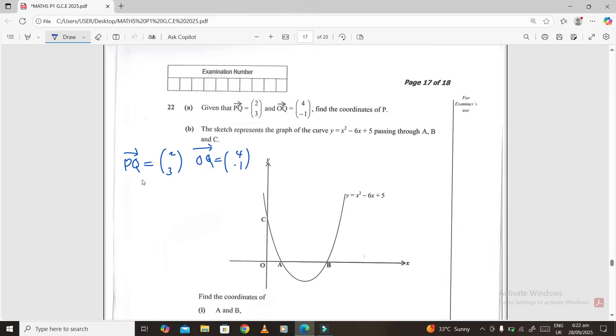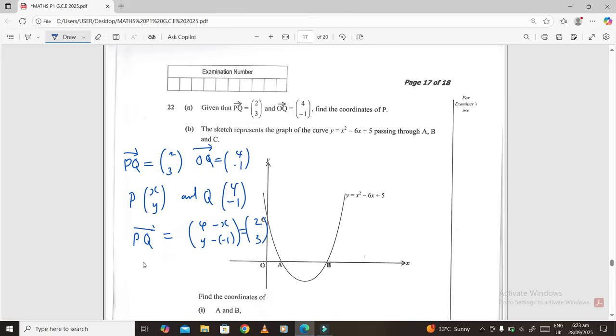So basically what we're going to do here is to say, okay, P is x, y, and Q is 4, negative 1. So vector PQ can simply be found by subtracting 4 minus x, negative 1 minus y. So this minus this, this minus this, and this will give us 2, 3 here. Okay?